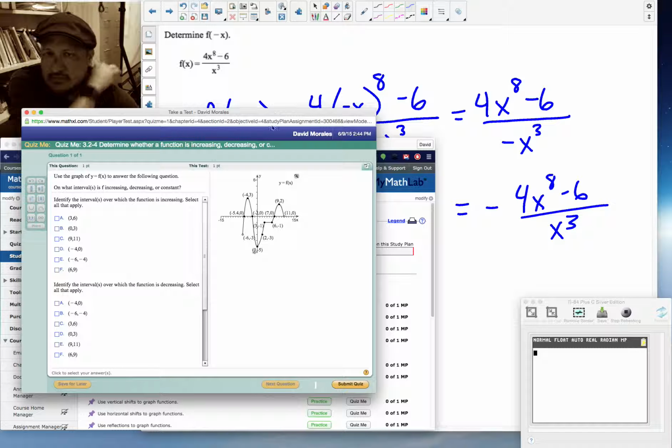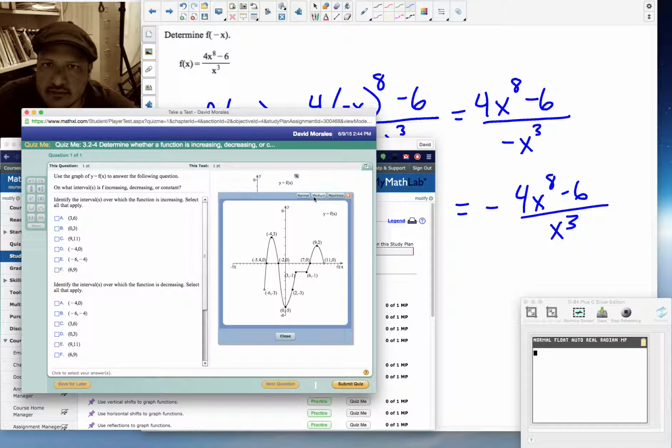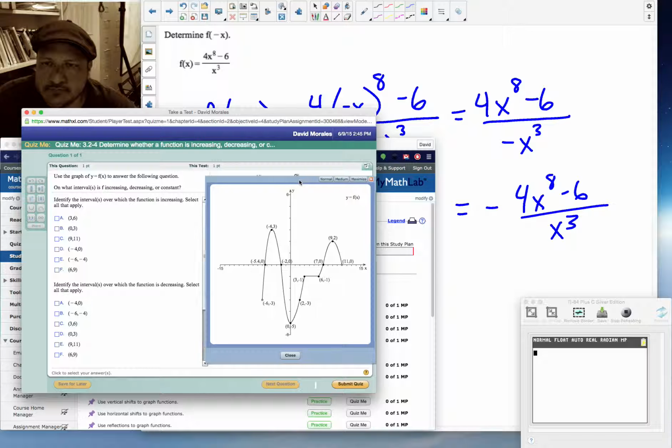So this one I'm not going to write down either because we have it right here. On which interval is it increasing? So where is it going up? Well, it's going up from negative 6 to negative 4. Notice we only care about the x values here, not the y values. So the first one is going to be negative 6 to negative 4.